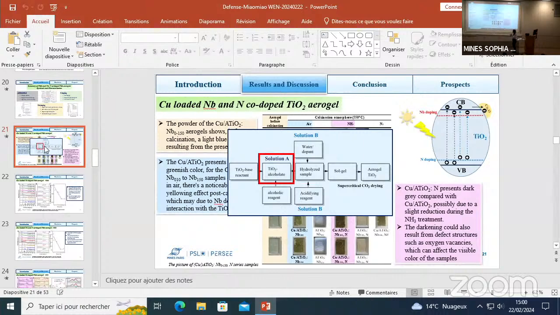Copper was added during gel synthesis. So the gel already contains copper, but so far the copper exists as copper 2. And then we calcined in air and ammonia differently. In that way, copper can be oxidized to copper 1 and copper 2 oxide. So from the gel it's copper 2, but after calcination it becomes oxidized.